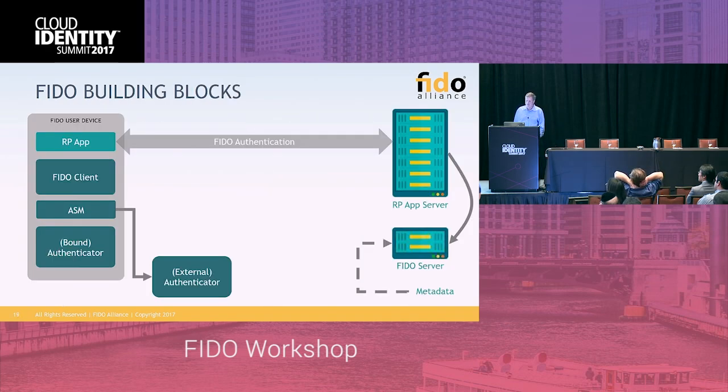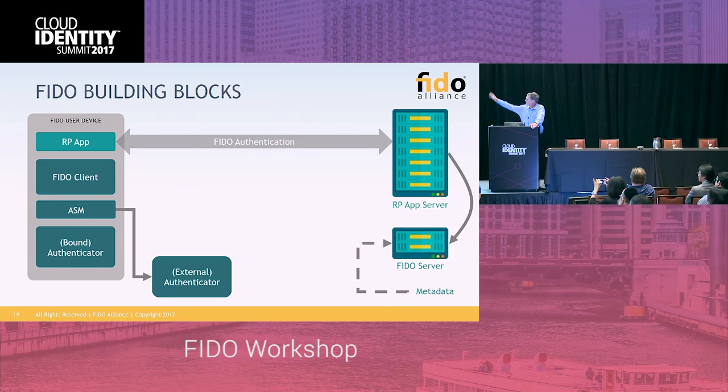The building blocks for FIDO are the FIDO device, the relying party application, the FIDO client, and the ASM. This is basically built on UAF, which was the first predecessor, the first set of FIDO specifications out there.